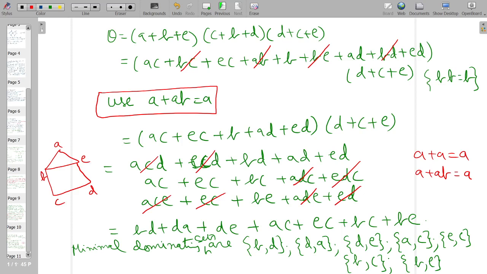So in this case, we had enumerated all the minimal dominating sets.